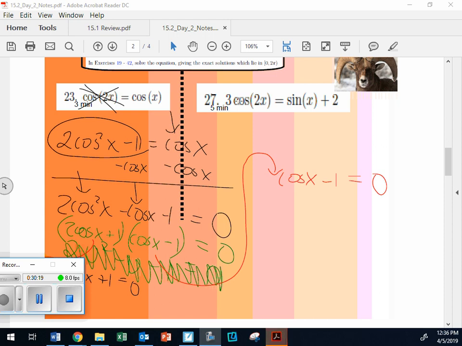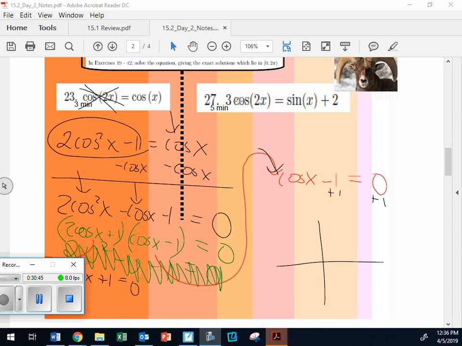Once you get it factored and set equal to 0, then you take each part and set it equal to 0. I haven't gone as far here. I haven't actually taken this guy and solved it and then figured out where cosine is 1. Quadrantals come up a lot in these.